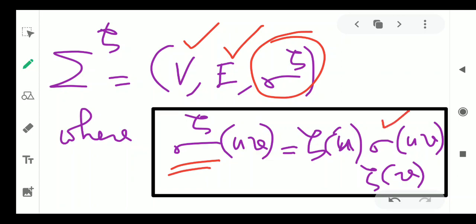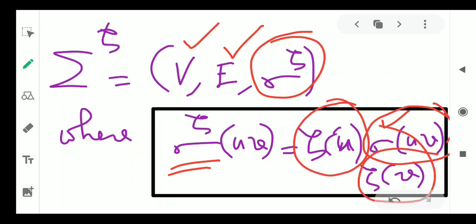That means sigma zeta of the edge UV will be the previous signature pre-multiplied by zeta of U and zeta of V. This is how we construct a new sine graph. So we say sigma is switched to sigma zeta. So that's the concept of switching in sine graph.